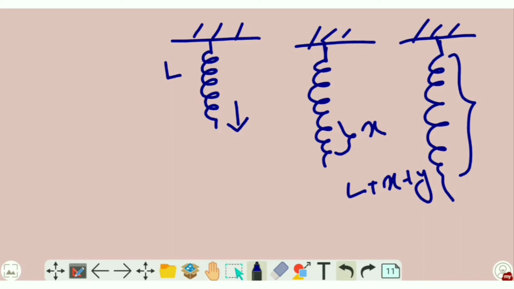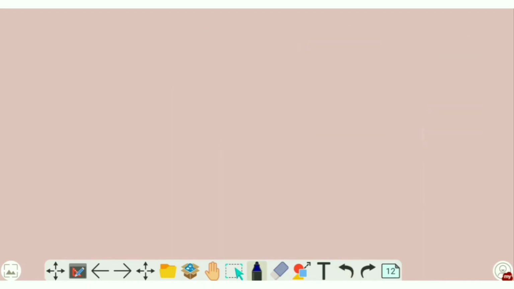Now we know what is basically work done on a system or work by a system. What is the work basically?